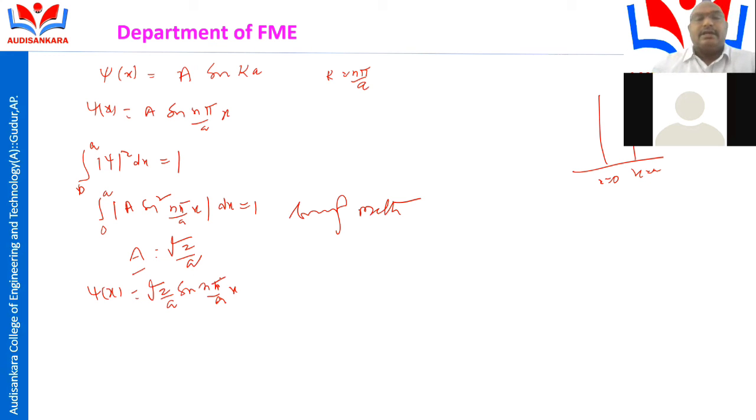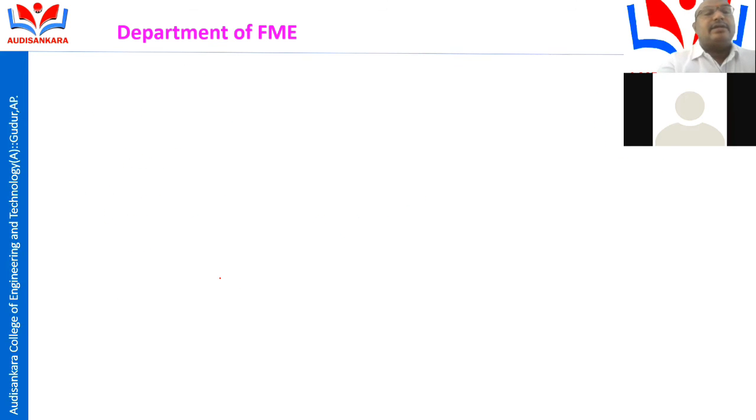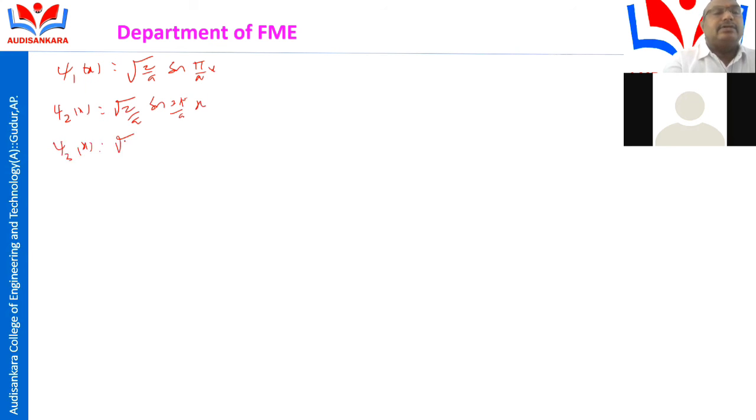My dear students, here two conditions are exhibited: eigenwave functions and probability functions. Like the normalized wave function, psi 1x is equal to root 2 by a sin pi by a into x, that means n is equal to 1 substitution. Psi 2x is equal to root 2 by a sin 2 pi by a into x. Psi 3x is equal to root 2 by a sin 3 pi by a into x, and so on.